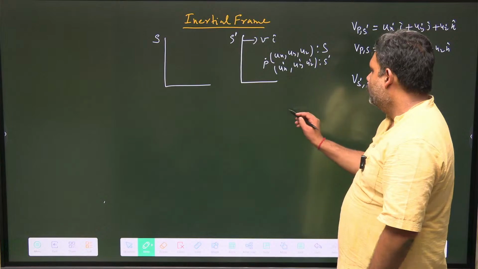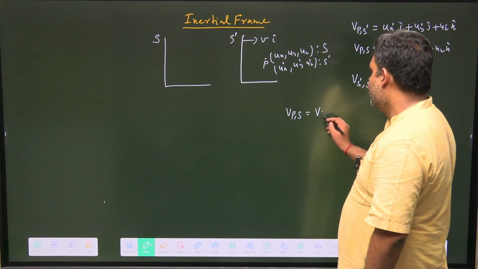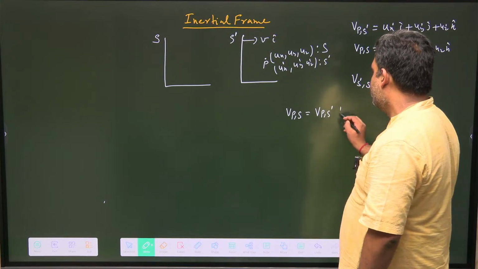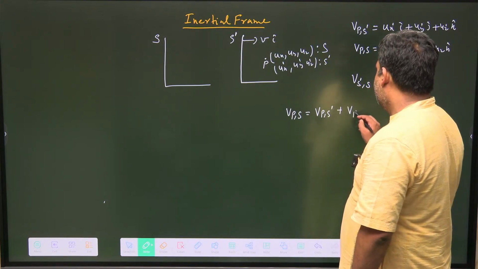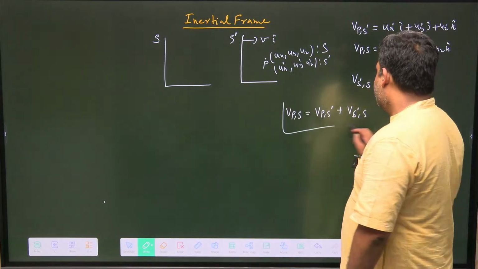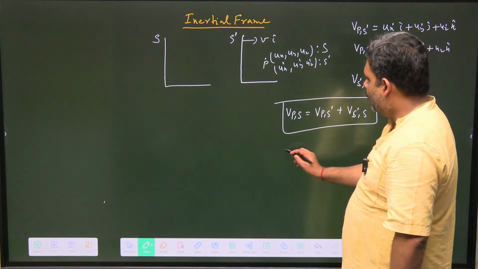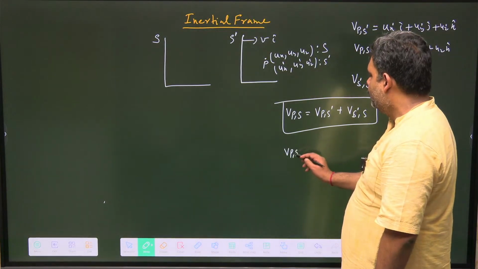So velocity of a particle with respect to S is equal to velocity of particle with respect to S dash plus velocity of S dash with respect to S, and this is for the i cap direction. And what will happen for the j cap direction?